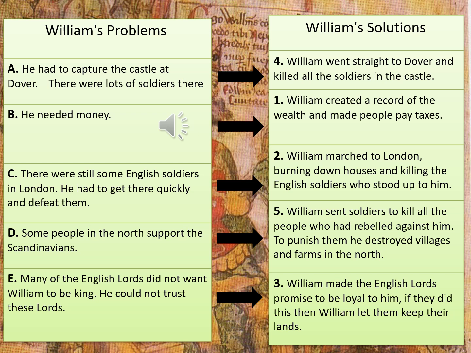And finally, our last problem, problem E: many of the English lords did not want William to be king. He could not trust these lords. William made the English lords promise to be loyal to him.